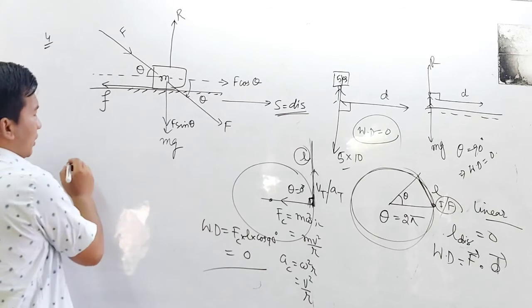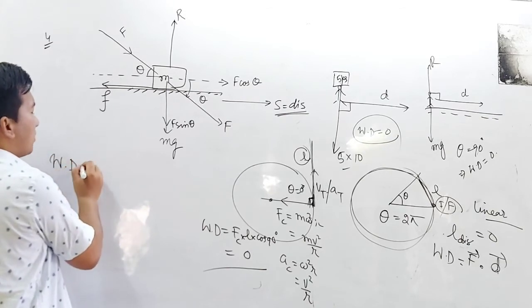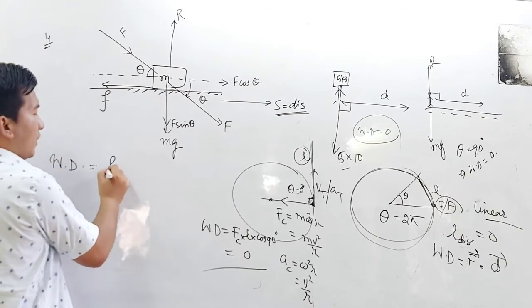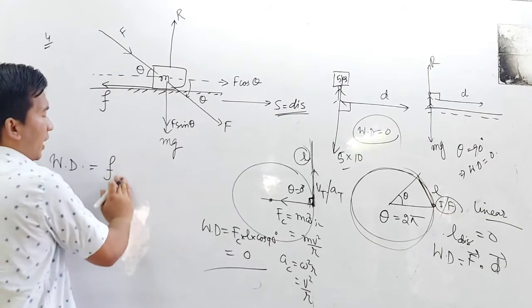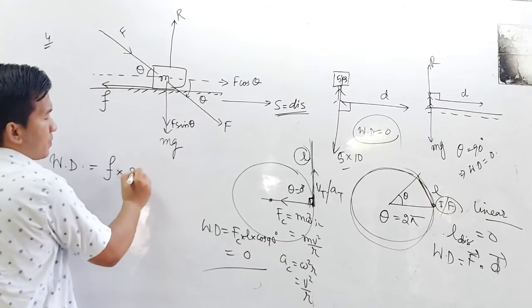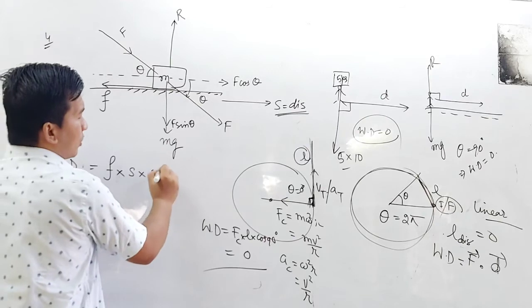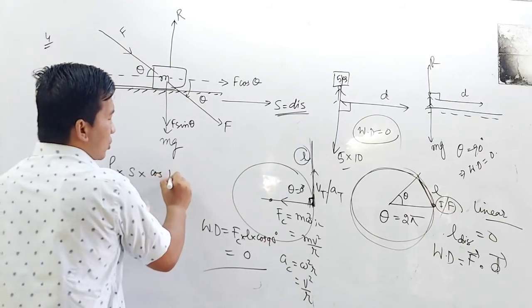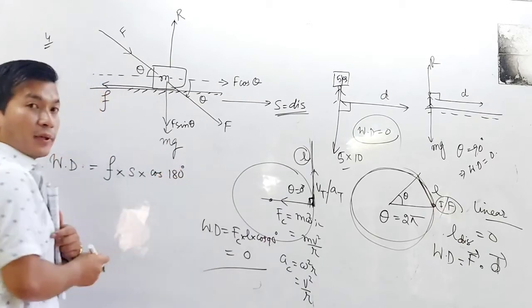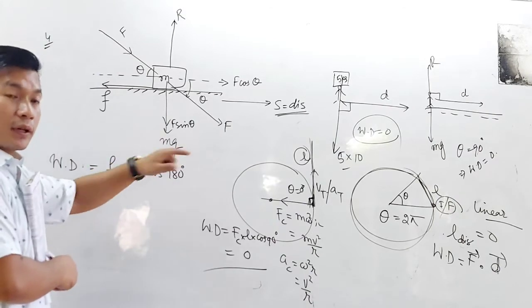Here work done will be equal to minus F into S, into cos of 180 degrees. Understand?